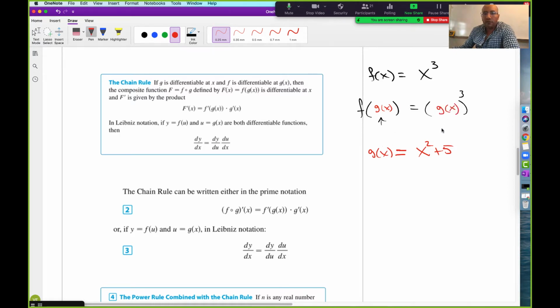And so that gets cubed, which is equivalent to saying that this whole thing, x squared plus 5, is going to get cubed. Right, so this is a composition of functions. We could say that this whole thing is capital F. Capital F is made up of the composition F composed with G.